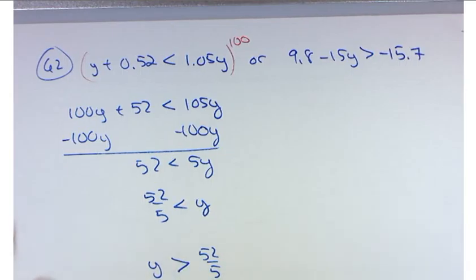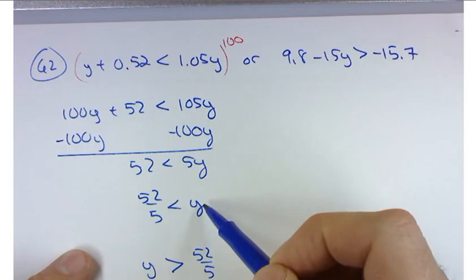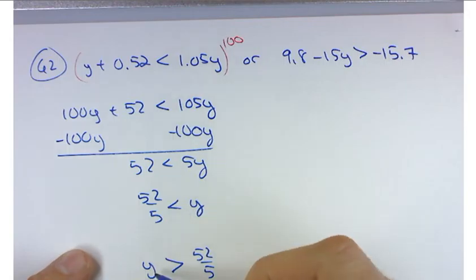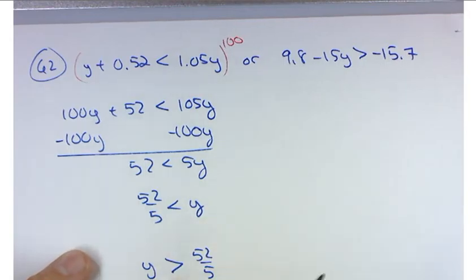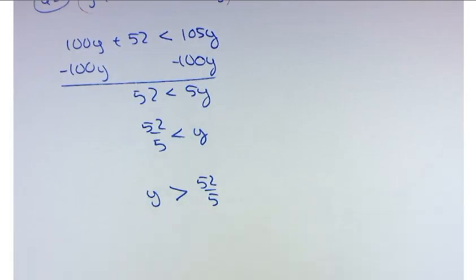Greater than. Keep in mind, the alligator eats the bigger number, right? So the bigger number here is y, bigger number here is y. So what's more convenient about this? Well, when the variable's on the left-hand side, it points in the direction of your inequality, which way you're going to graph it. So we're going to graph this to the right. So it's nice.